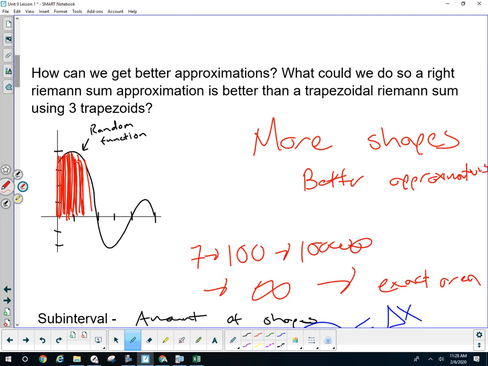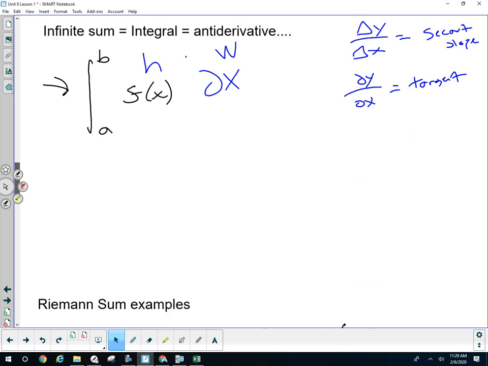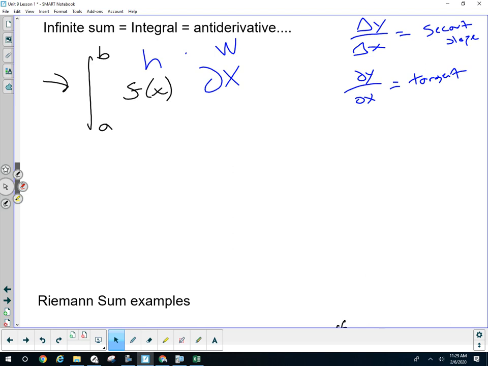Your calculator takes a whole bunch of rectangles and adds them together really quickly with very, very skinny widths. What you do, because you can't do that, is you use the fundamental theorem of calculus. You take the antiderivative, you do change in position, ending position minus starting position, rather than doing an infinite sum. This is backwards from how I taught it in the past. I used to introduce this first and then introduce the antiderivative. I think students will understand not much of it regardless.